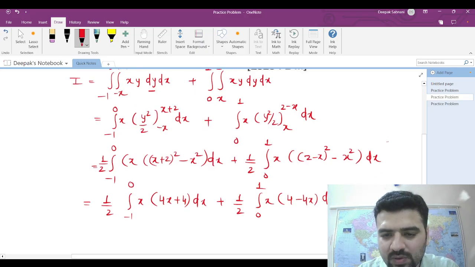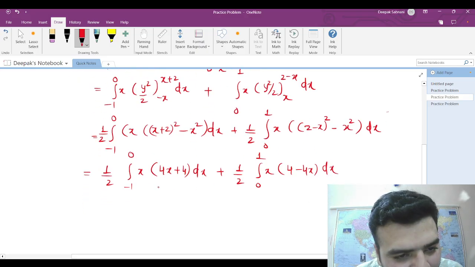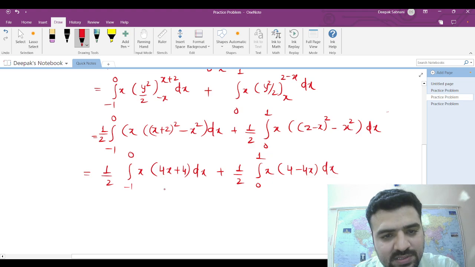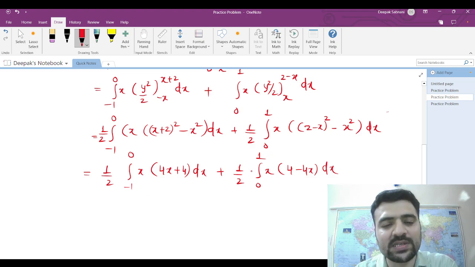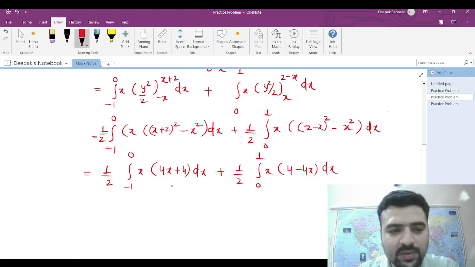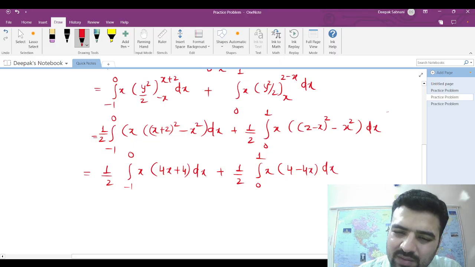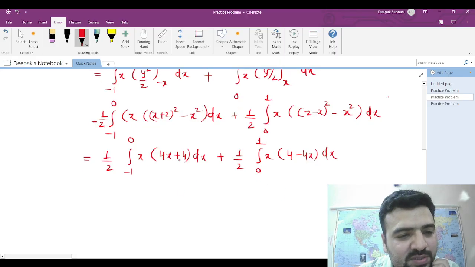dx. Now, if you want, you can integrate here, or you can submerge some limits. Minus 1 to 0 and 0 to 1 is available. You can drop it, you can make it two parts. Or if you simply want to solve it, you just multiply with x and simplify the integration.